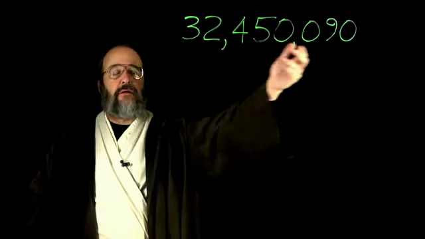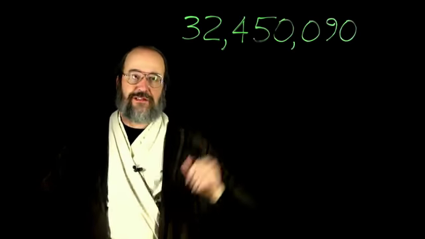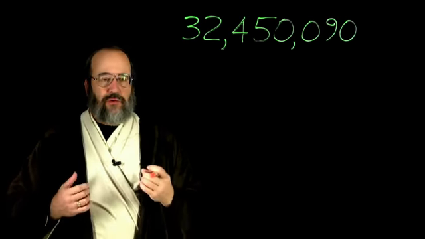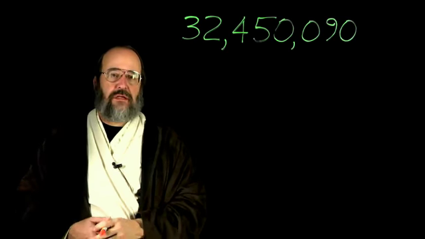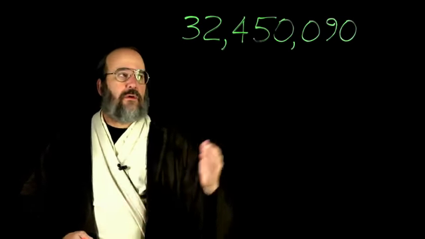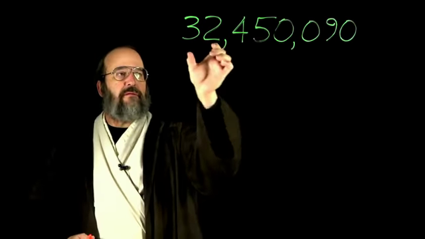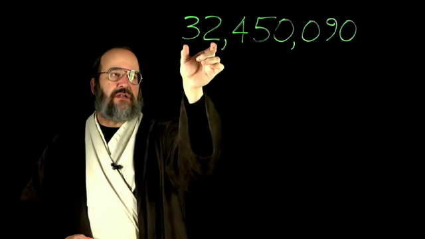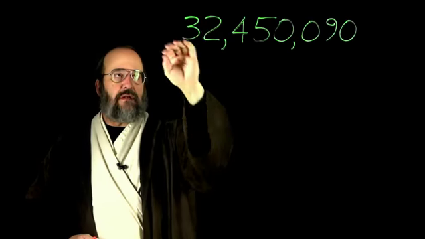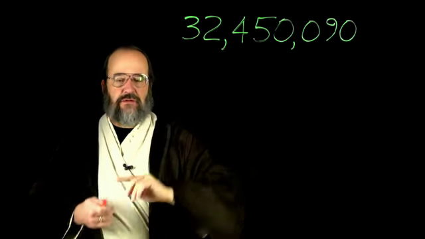Let's look at another fairly big number, even bigger this time, and we're going to write the words that represent this number. So like I said before, go to the furthest to the left period. This is the one that I'm going to start in, and I look at just the number that's there. It's just 32.